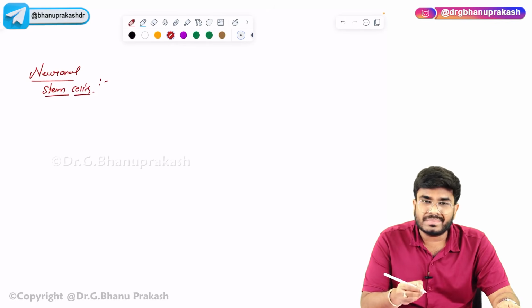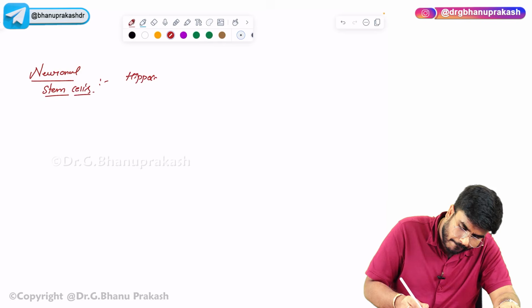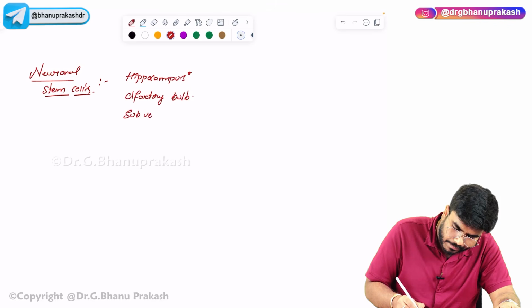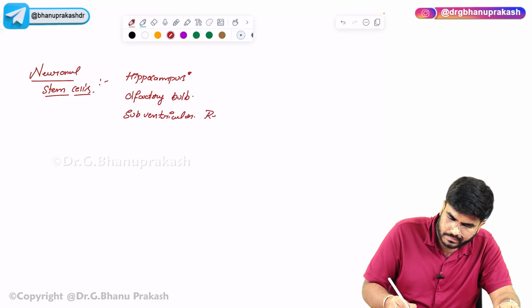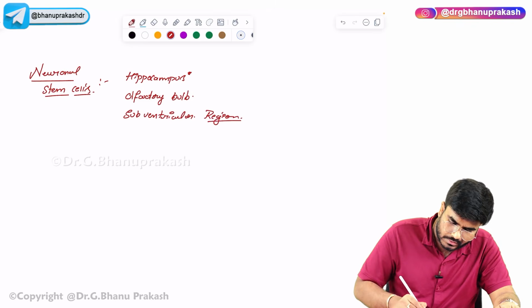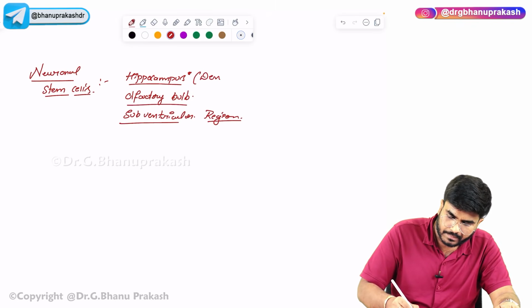The neuronal stem cells are present in the hippocampus, olfactory bulb, and the subventricular region. So these are the areas where you can find the neuronal stem cells.